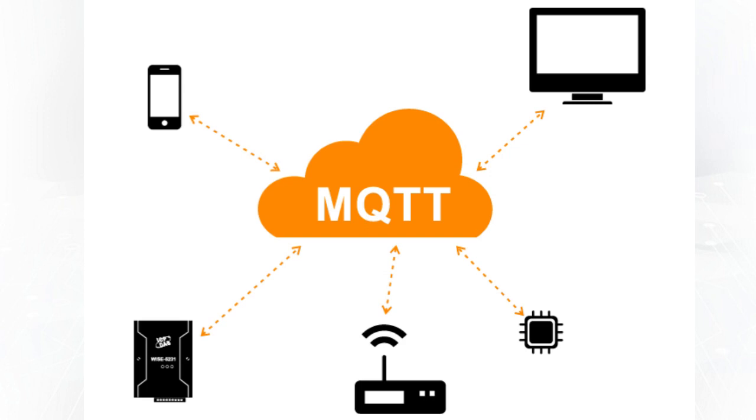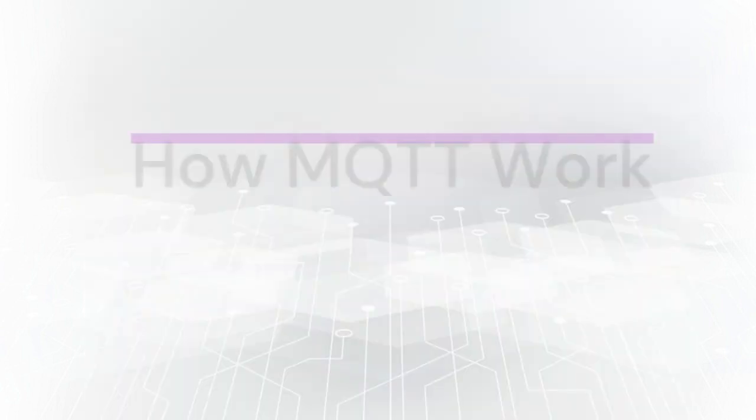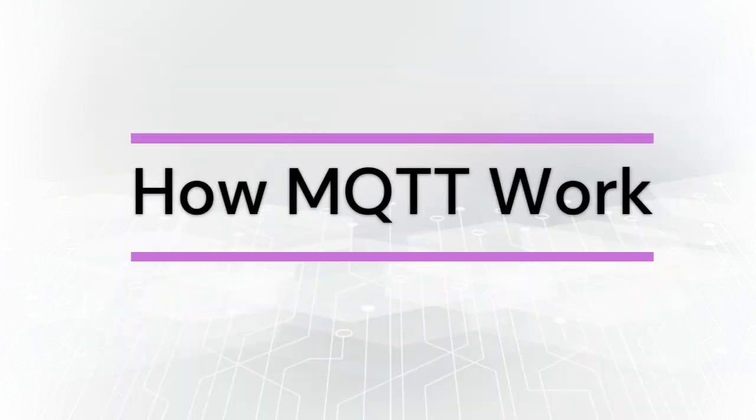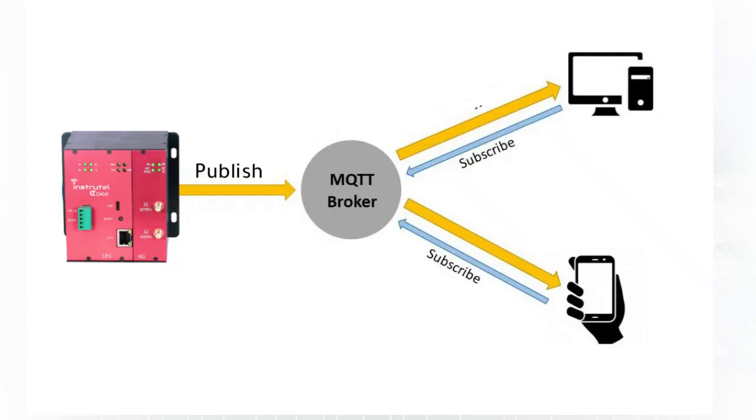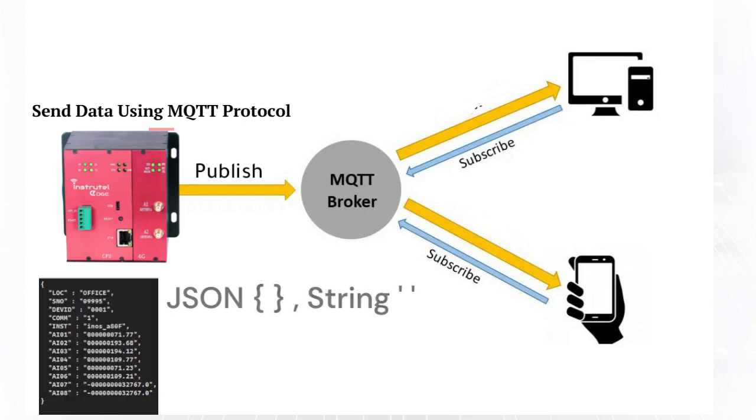We will understand how MQTT works. Publishing data: the MQTT protocol publishes the data to the server. Here the server is called the broker or cloud. This data can be in various formats like JSON or string.